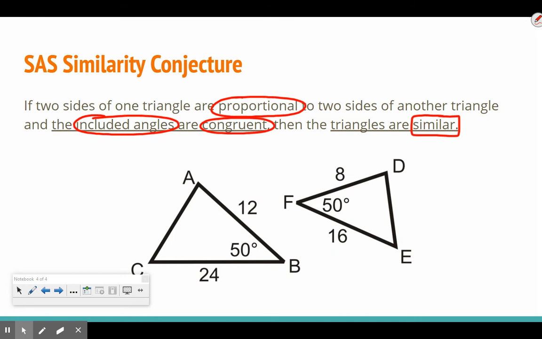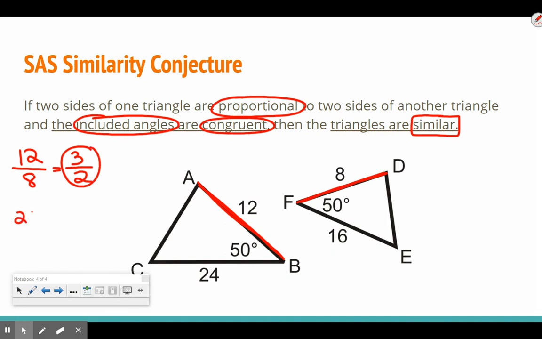So looking at side AB and side FD, we go 12 over 8. That can reduce down to 3 over 2. So that's the scale factor.